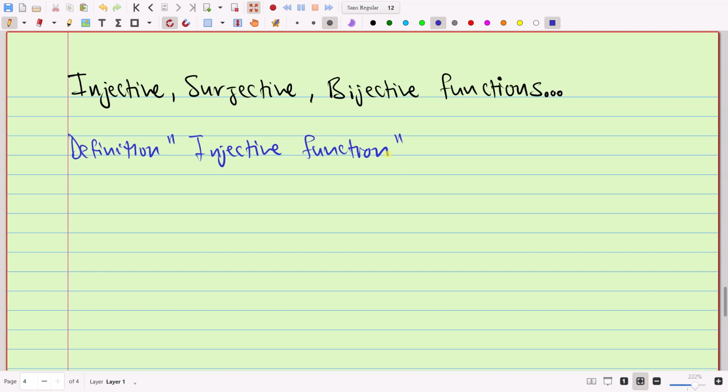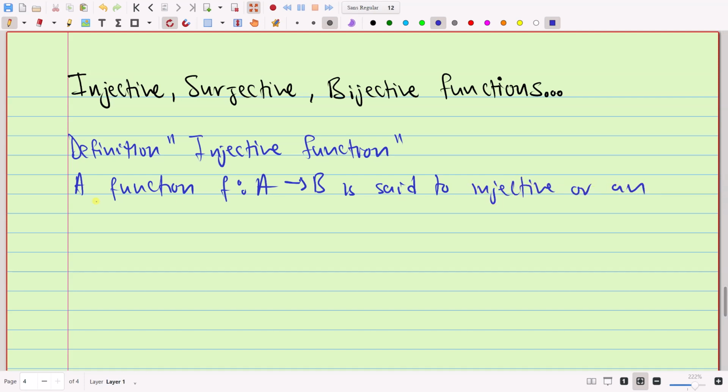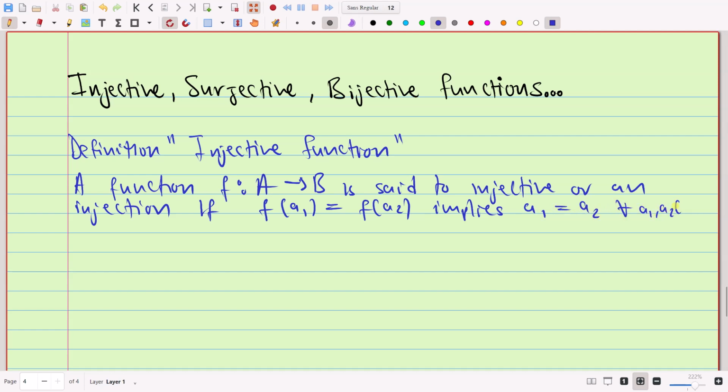So what does it mean to say a function is injective? A function f which maps A to B is said to be injective, or an injection, if f of A1 equal to f of A2 implies A1 is equal to A2 for all A1, A2 elements of A. So we say a function is injective when it satisfies this condition.